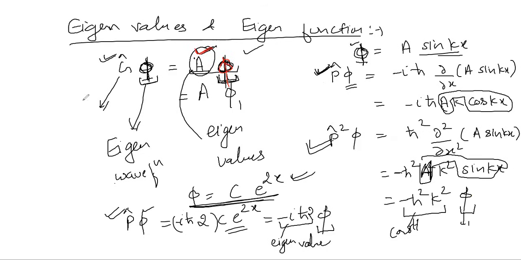That means if you apply the Hamiltonian here, only certain values of energy will be allowed, which basically means that the energy of the particle will not be continuous. There will be discretization of the energy of the particle, which does not happen in classical mechanics. I'll come back to discretization of energy again when we talk about particle in a box.